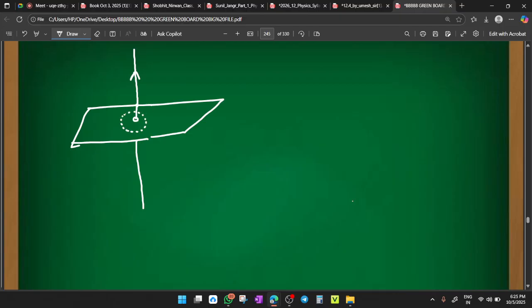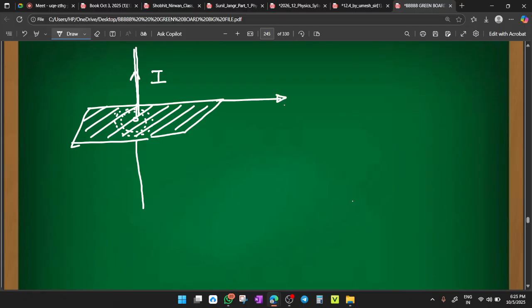Now this is the magnetic field. You see the plane of the magnetic field is just perpendicular to the direction of current. Yes or no? This is the plane of the magnetic field. So the magnetic field is produced in this plane, the xy plane.